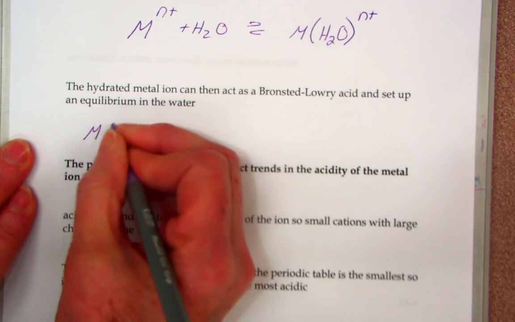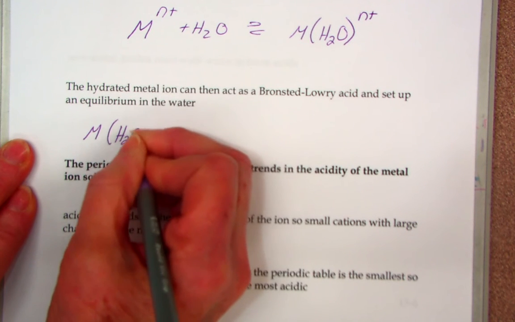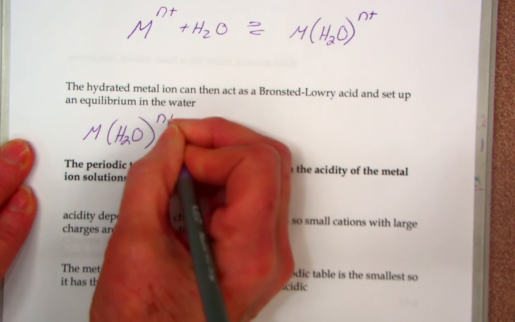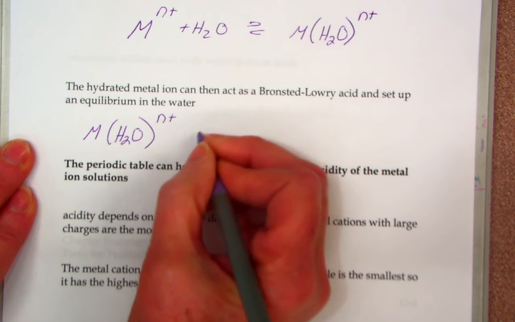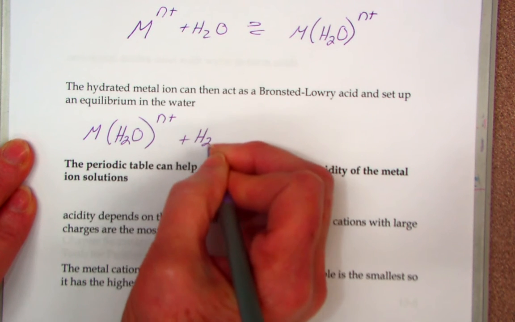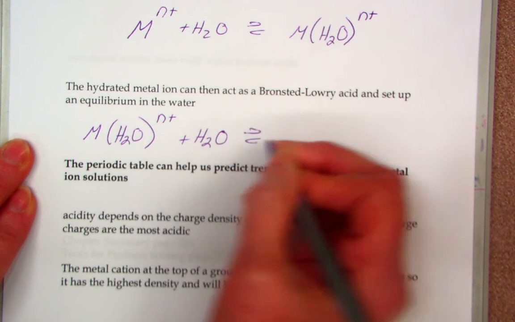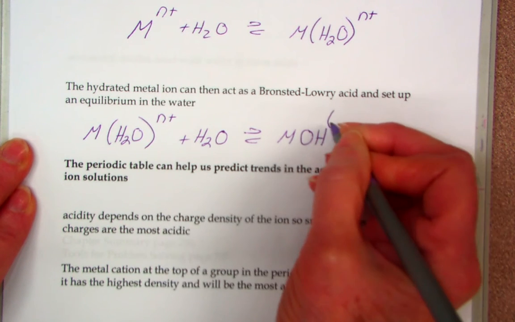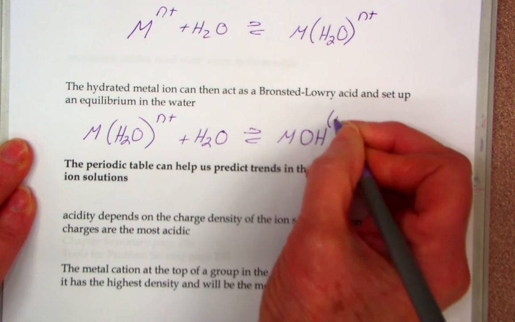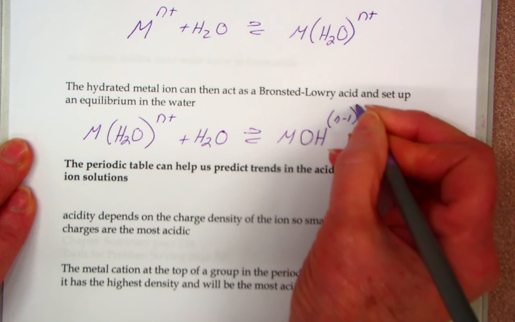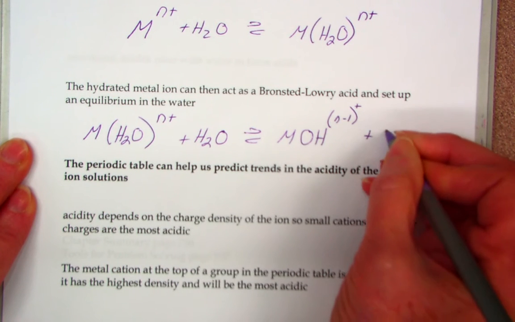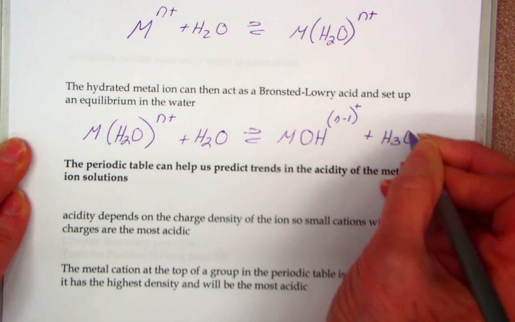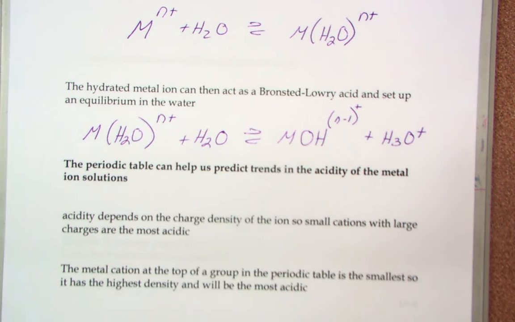It can react with water, doing acid-base chemistry, to make a metal hydroxide. The charge is now n minus 1 because you lost one proton, plus you make a hydronium ion. And this is some chemistry that can happen.